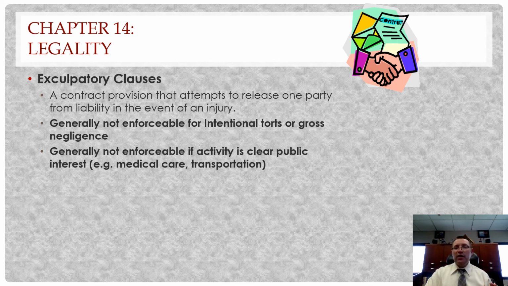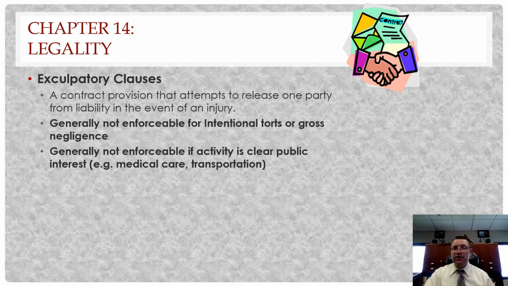So exculpatory clauses, to go back over, are a situation in which it's a contract, and you're agreeing that you're not going to hold them responsible, knowing it's a dangerous activity or a dangerous location or whatever it may be, but that's something that you want to do, right? Unless they commit some sort of intentional tort or are grossly negligent, you can't hold them.